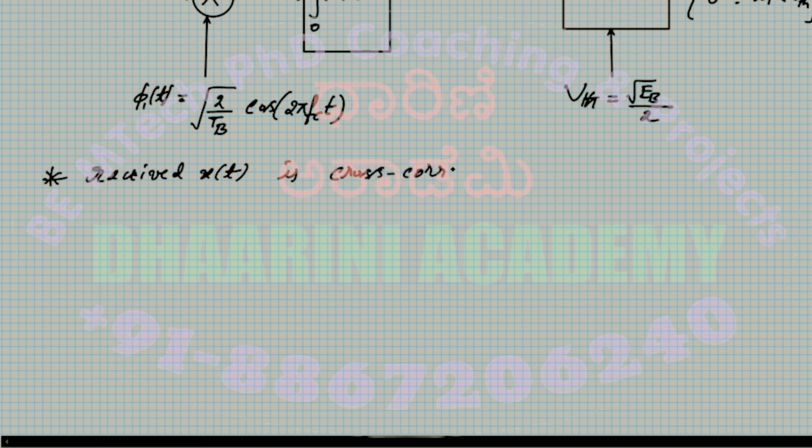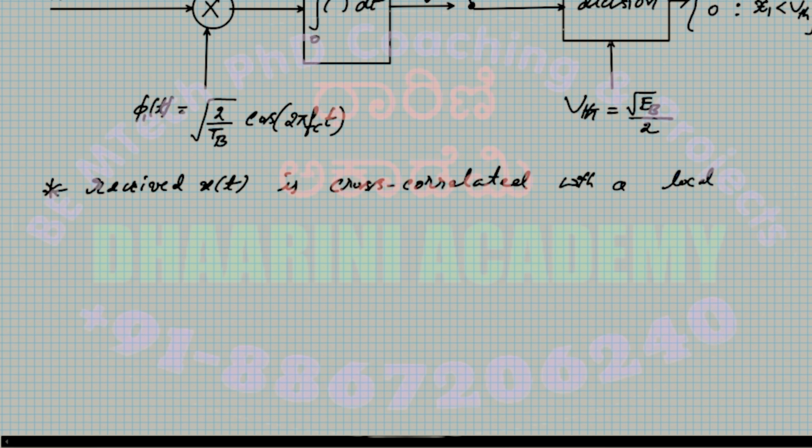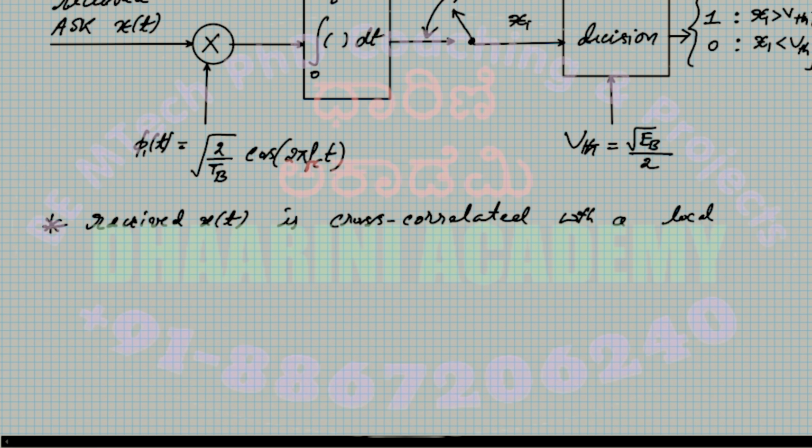cross correlated with a local, in the sense this is generated inside the receiver. It's not collected from the other part of the circuit or the transmitter.